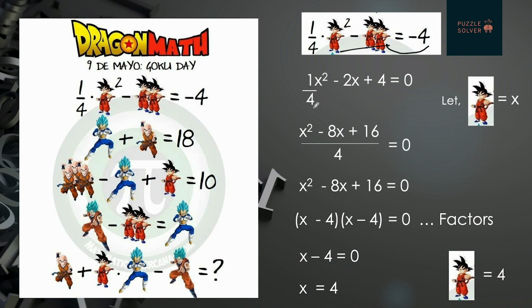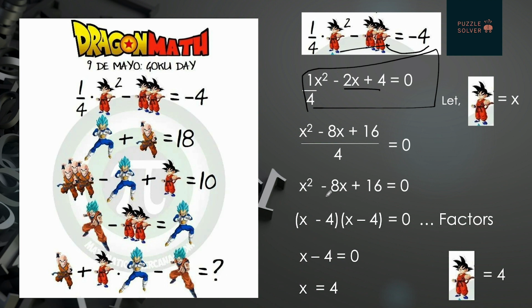Now we have to solve this equation to find the value of x. For solving this equation, firstly I will take the LCM of the denominators. So the LCM of 4, 1 and 1 will be 4. Now I have to multiply 4 with all these terms. So x square minus 8x plus 16 is equal to 0.